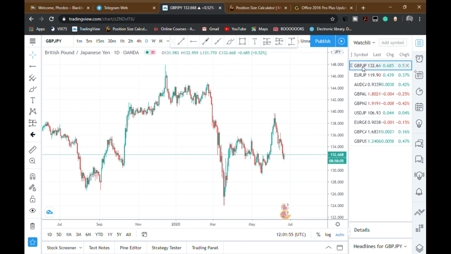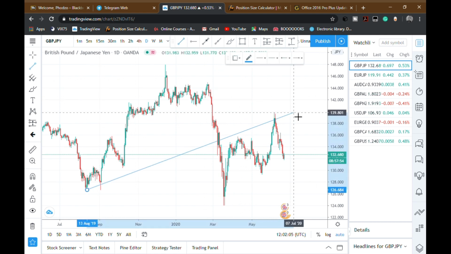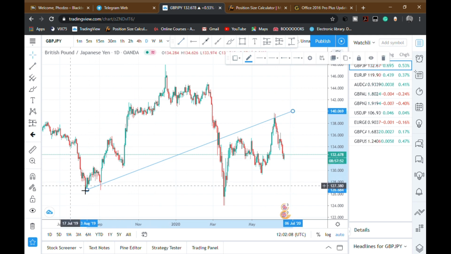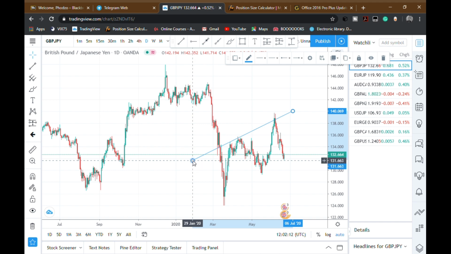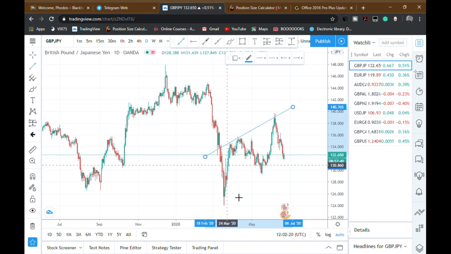So starting with GBP JPY here on the daily time frame, what I'm seeing is this uptrend line right here, something like this. I see this channel right here.